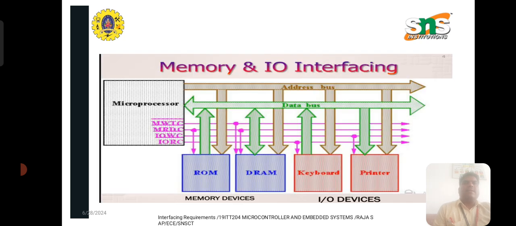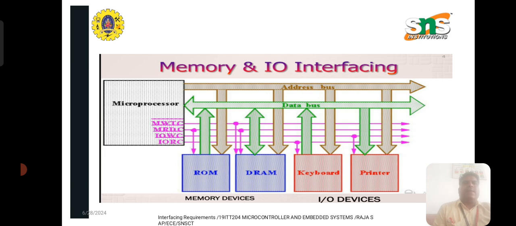Next, this figure shows the memory and input output interfacing. If you see this figure, all the memory is linked with the address bus and the data bus. Also there are the memory write control, memory read control, IO write control, and IO read control.